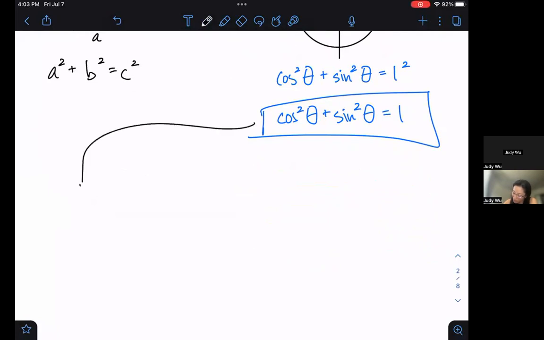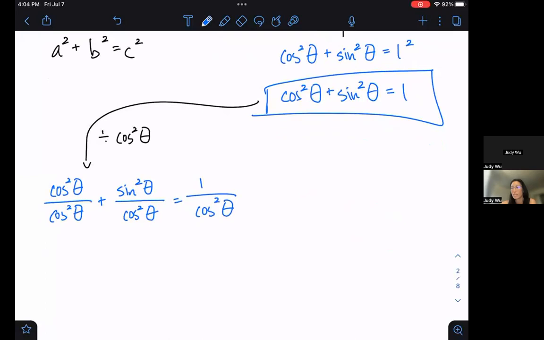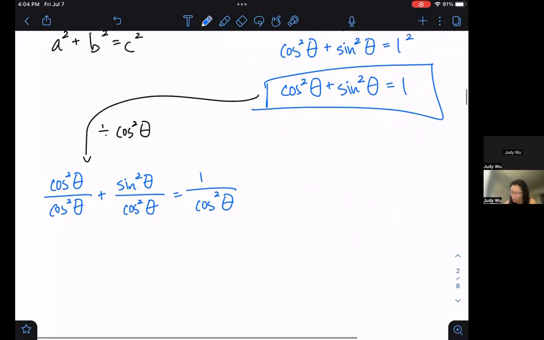Here's what I'd like us to do. We're going to take this and divide everything by cosine squared theta. If we do that, we get cosine squared theta over cosine squared theta plus sine squared theta over cosine squared theta equals 1 over cosine squared theta. Now I'm going to reduce using some algebra and some of the other identities we just learned.